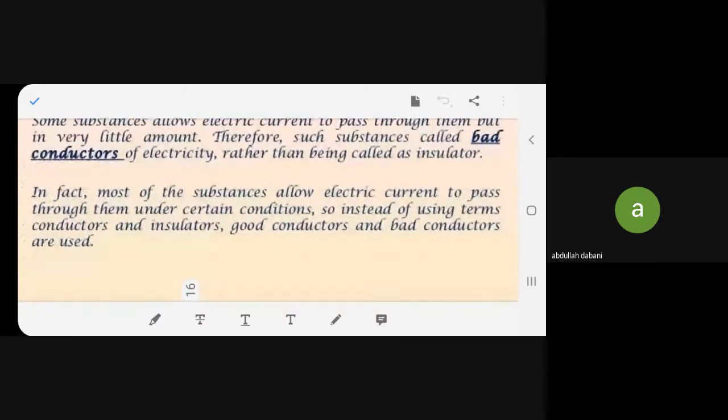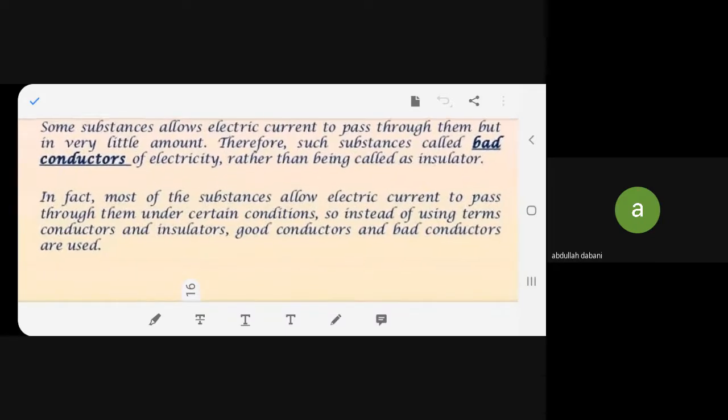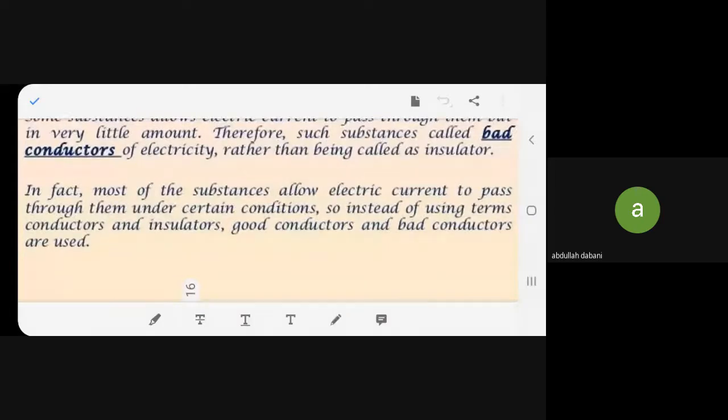In fact, most of the substances allow electric current to pass through them under certain conditions. So, instead of using the terms conductors and insulators, good conductors and bad conductors are used. We generally know that most substances allow electric current to pass through.